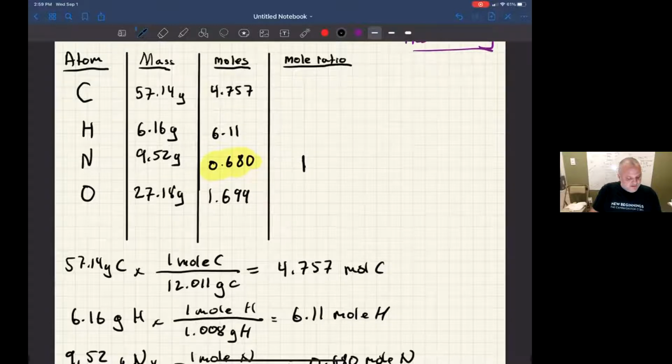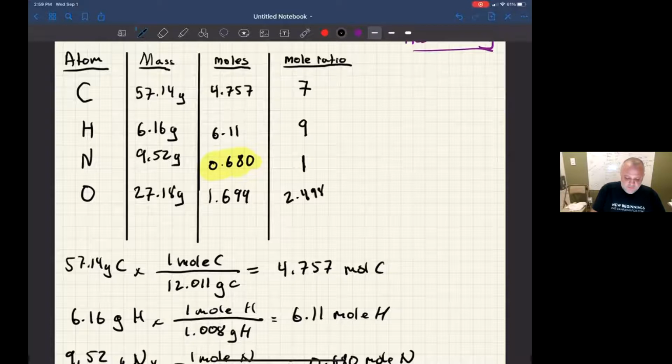6.11 divided by 0.680 is 9. And 4.757 divided by 0.680 is 7. Now for 1.699 divided by 0.680, I get 2.498.